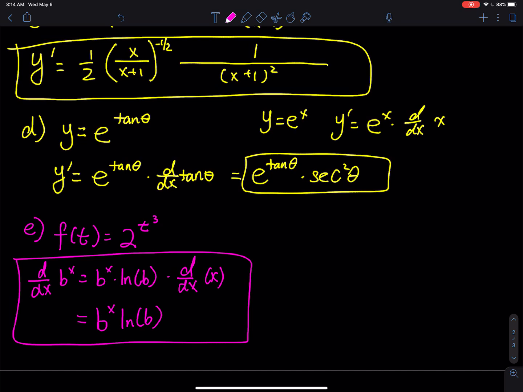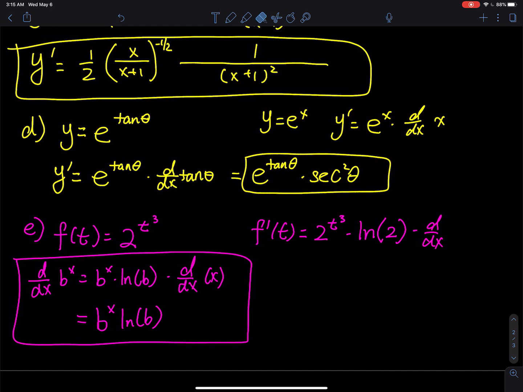So this one, f prime of t, that is equal to what? You copy what you saw. So 2 to the t cubed, and then times ln of the base, which is base 2, right? And then what else? You also need to take the derivative of the exponent, because you have t to the third power inside an exponential. It was supposed to be 2 to the x, right?